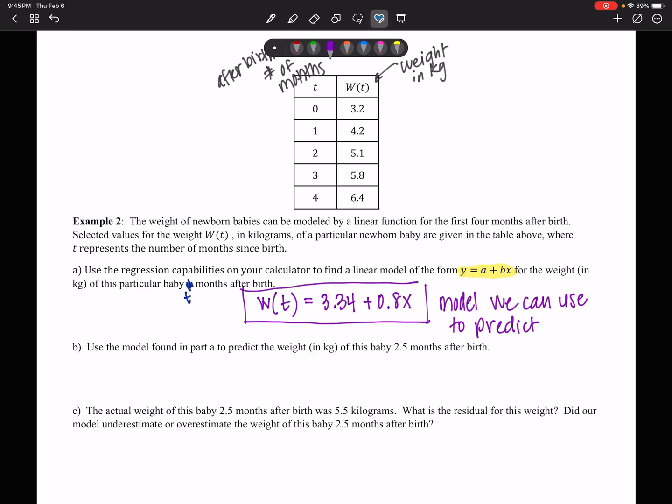Let's use this model to predict the weight of a baby 2.5 months after birth. So what I'm going to do is I am going to put in a 2.5 in for T. So I get 3.34 plus 0.8 times 2.5.